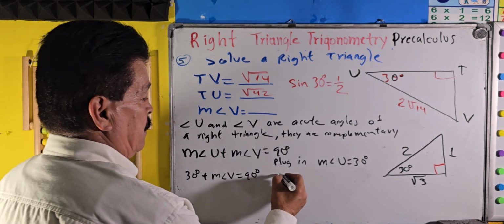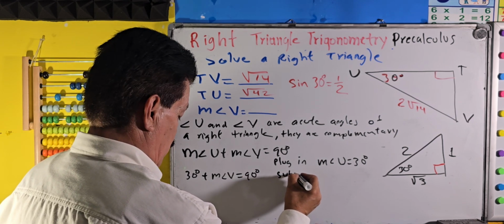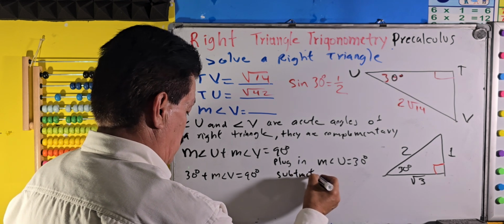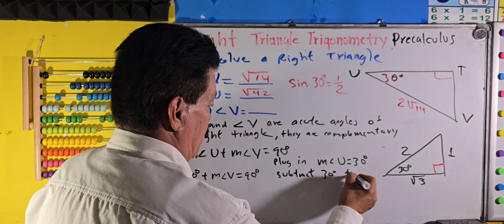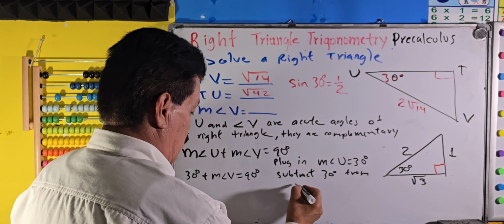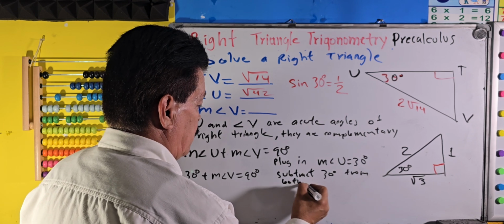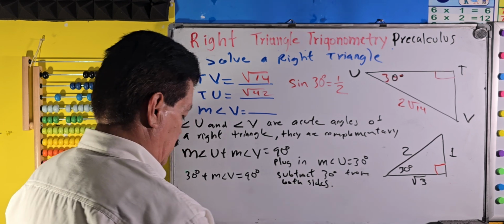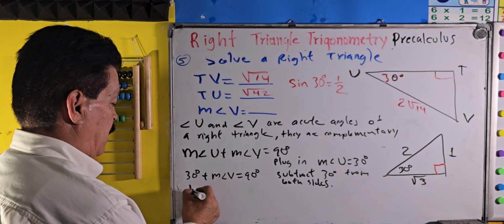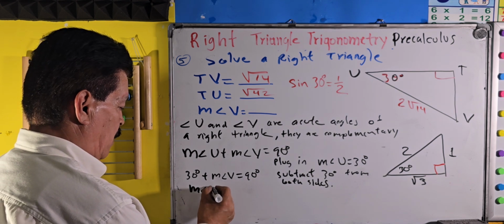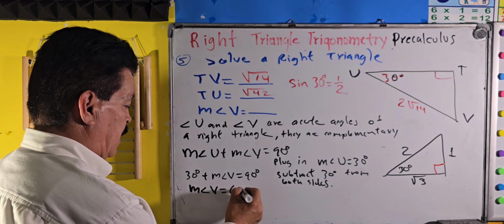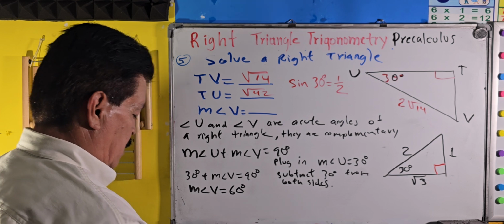So subtract 30 degrees from both sides. We will have the measure of angle B equals 60 degrees, right?